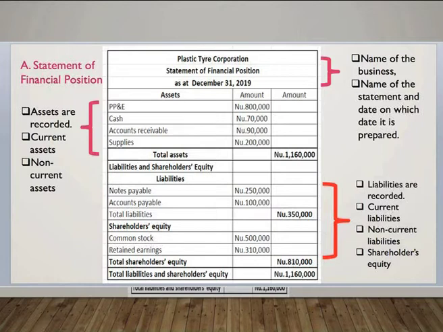However, the presentation of these statements differs from company to company. If you look at the statement of Bank of Bhutan, they begin with current assets and then go to non-current assets. So in the statement of financial position, you must note that the total of assets and total of liabilities are always equal.